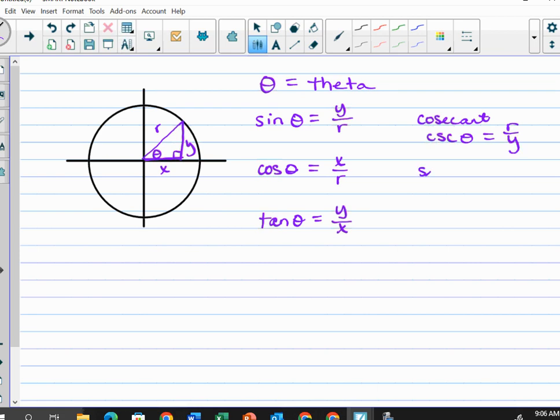Then we have secant. What do you think that's the reciprocal of? We abbreviate that SEC. So that one's R over X. Cotangent, cot, is X over Y.